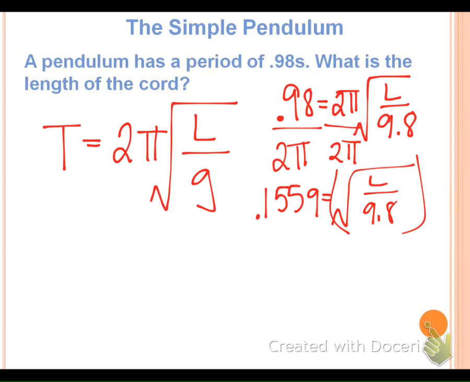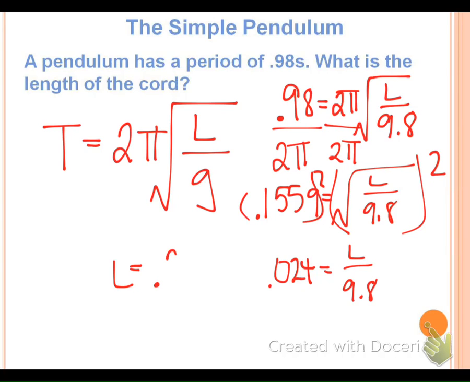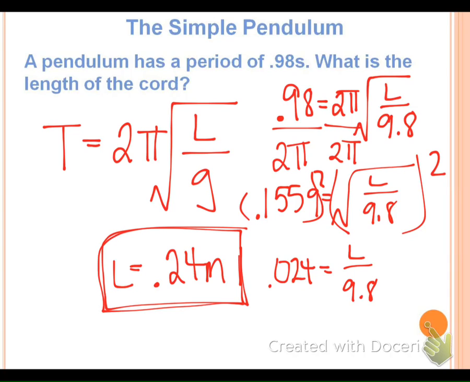From there, our next step should be to square both sides, which gives us 0.024 equals L over 9.8. To get L by itself, we'll take that left side times 9.8. That means the length of this cord should be about 0.24 meters. Do we agree? All right, so 0.24 meters should be the length of our cord.